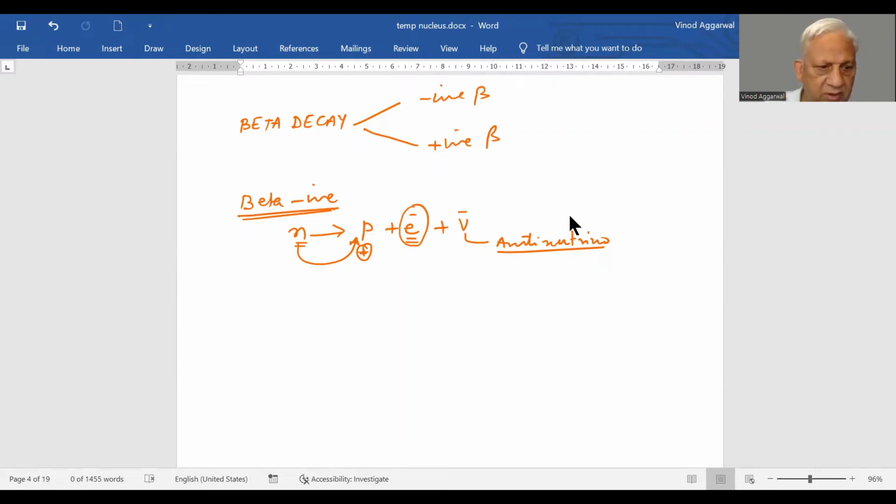Now as an equation we can see that, let there be an element X with Z protons, and here is the atomic mass number, going to Y, in which the number Z is increasing because a neutron is becoming a proton. So the proton number has increased by 1.